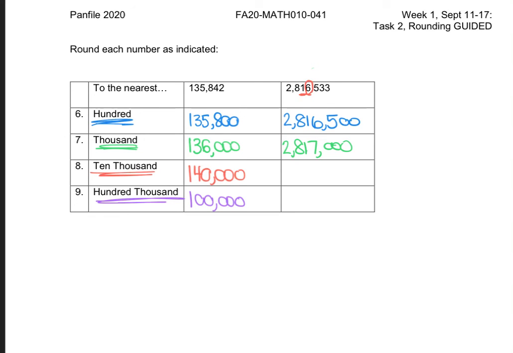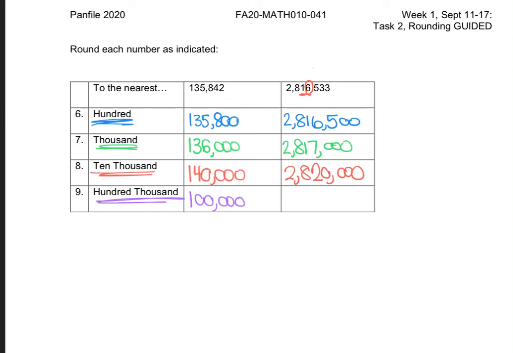The 6 turns the 1 into a 2. It bumps it up. So we start by writing 2, 8. The 1 turns to a 2 because it's bumped. And then I fill in the zeros to get the original digits of the problem, which is 2,820,000 for this piece of the problem.